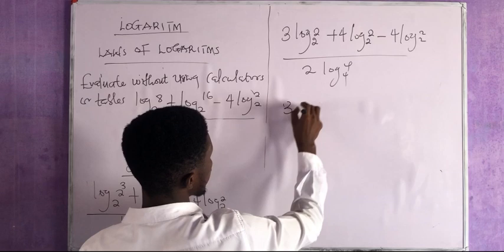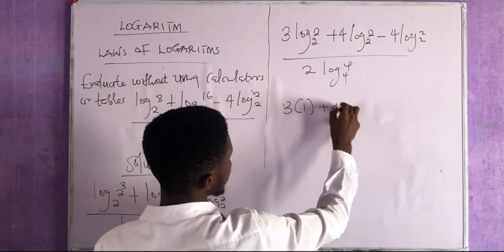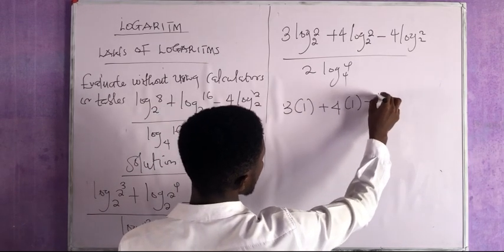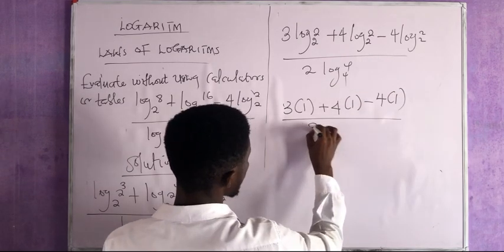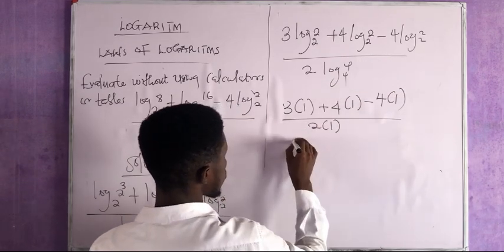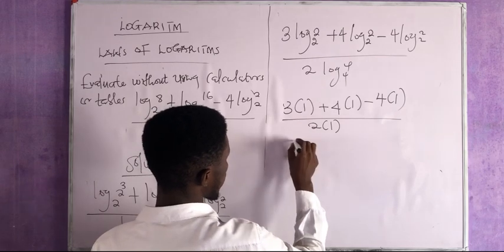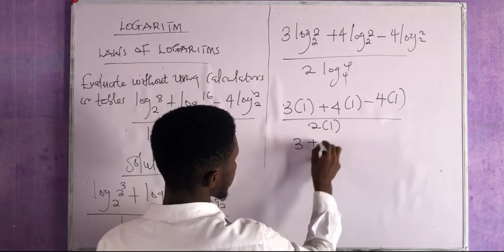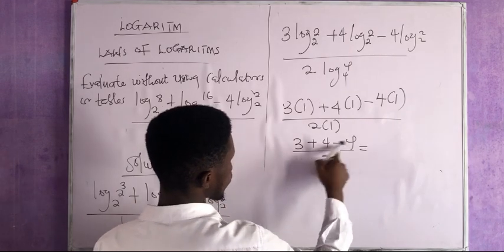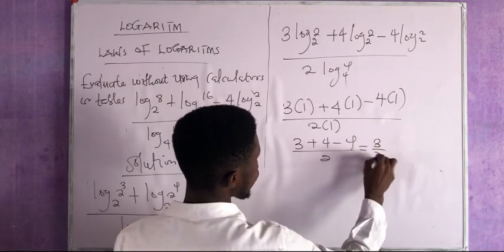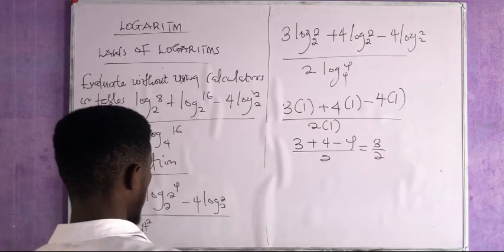So I have 3 multiplied by 1 plus 4 multiplied by 1 minus 4 multiplied by 1, all divided by 2 multiplied by 1. So 3 times 1 is 3, plus 4 minus 4, over 2. So what are we getting? This will give us 0, so we have 3 over 2. That will be our final answer.